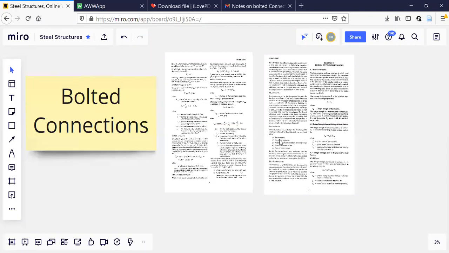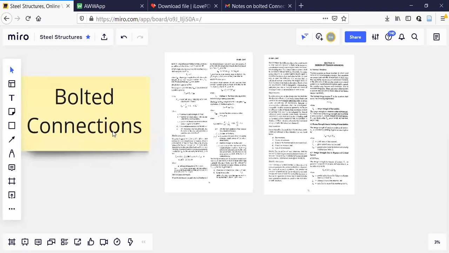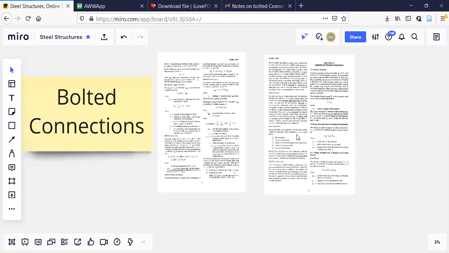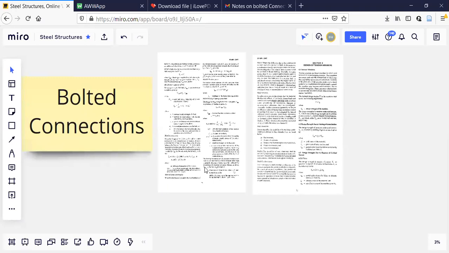If you know how to use the codebook properly, because every expression is lengthy and you cannot learn those equations by heart, that is why the codebook is given. Using the codebook, the student has to solve the problems. So some of the pages I have taken here are useful to understand this chapter, this particular bolted connections, where those formulas are available and how to solve the problem.